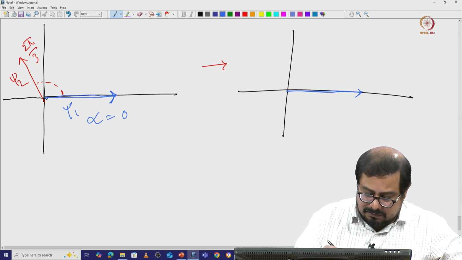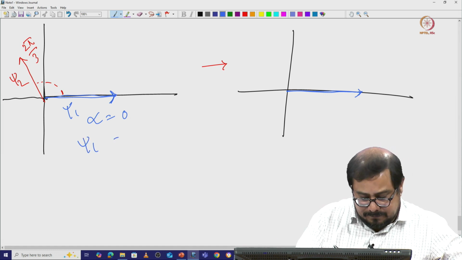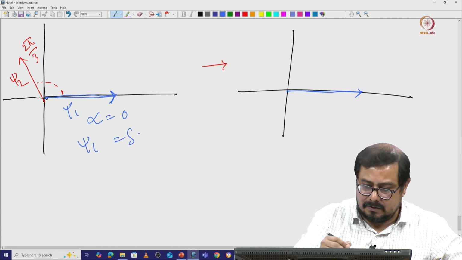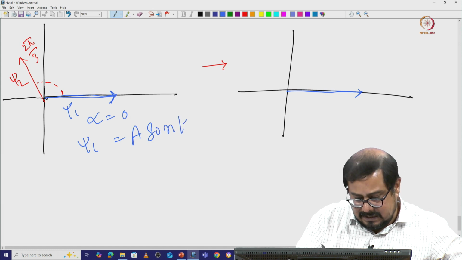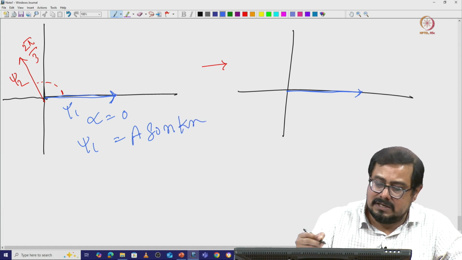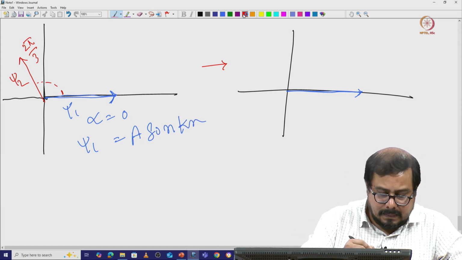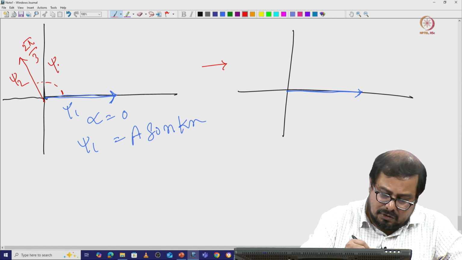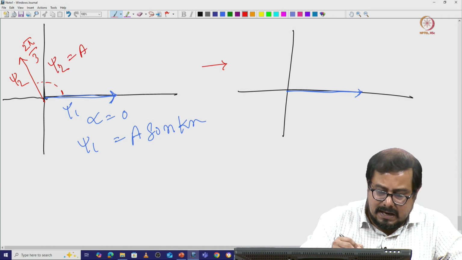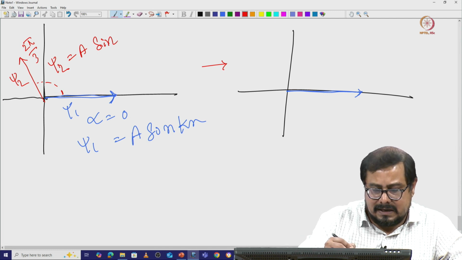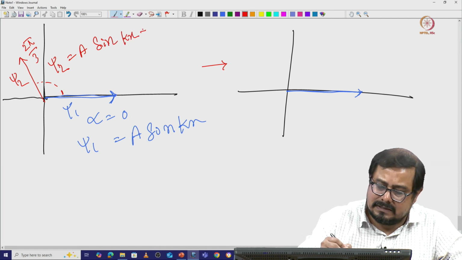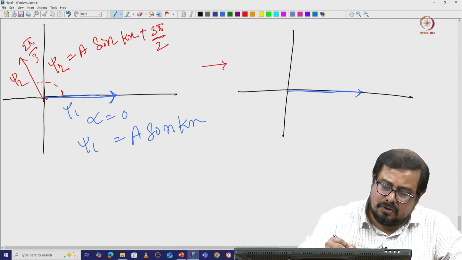It will be something like that, wave 1 will be a sine kx, where this red one will be wave 2, it will be a sine kx plus 3 pi by 2.